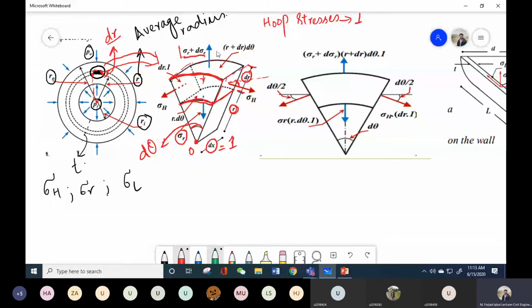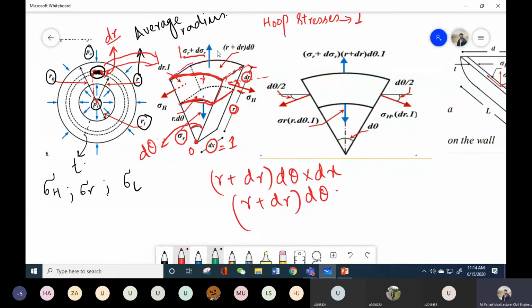But obviously these radial stresses are acting on this whole area. So the total area of this curved section will be (R plus dr) into d theta, that is this arc length, multiplied by this width. This width is equal to dx. But since we have assumed that we will be doing this calculation for unit length, the total area will be (r plus dr) into d theta.